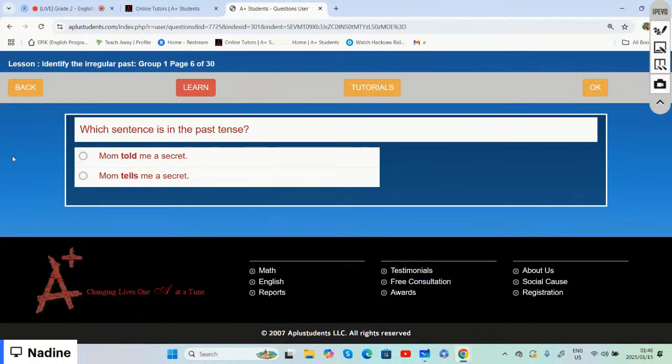We said that when it comes to irregular past tense, the wording changes. It's like that verb, the past tense verb, changes. We're no longer just adding d or ed to show that this is now in the past, but you're going to have to remember it, or identify how the wording changes from the present tense verb to the past tense verb.